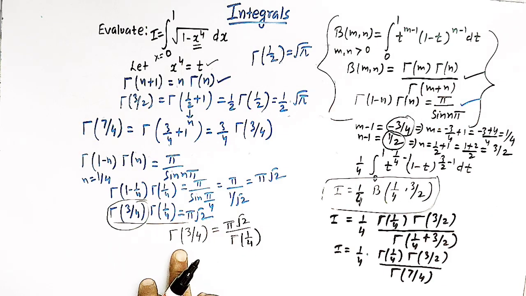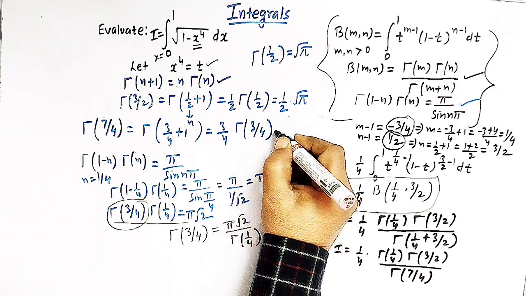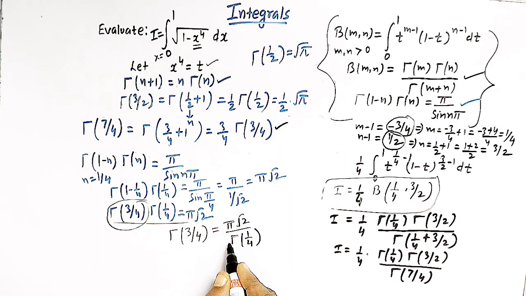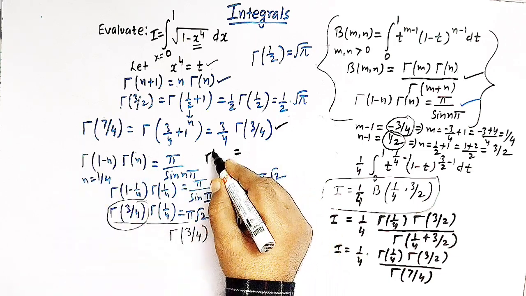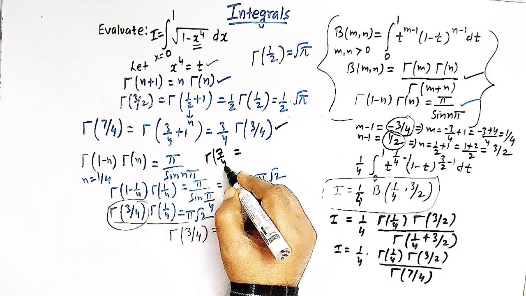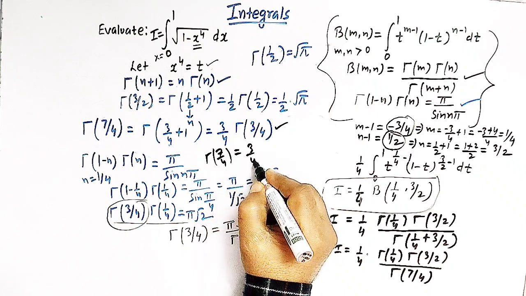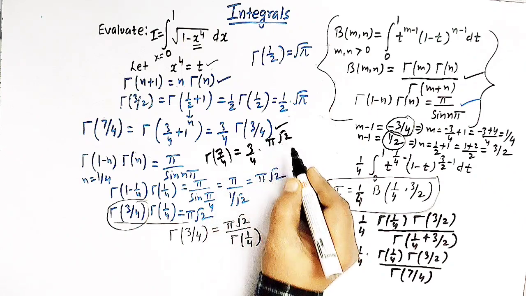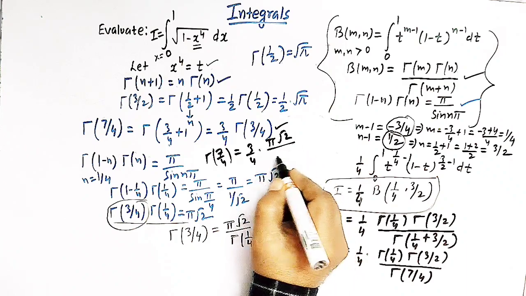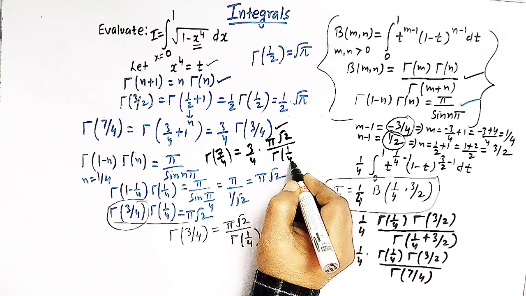Now substituting the value of gamma 3 by 4 in this relation, we have the value of gamma 7 by 4 as 3 by 4 times pi root 2 divided by gamma 1 over 4.